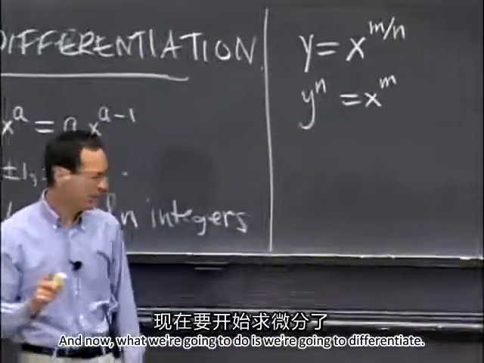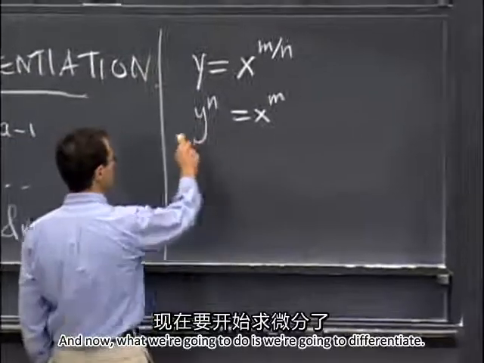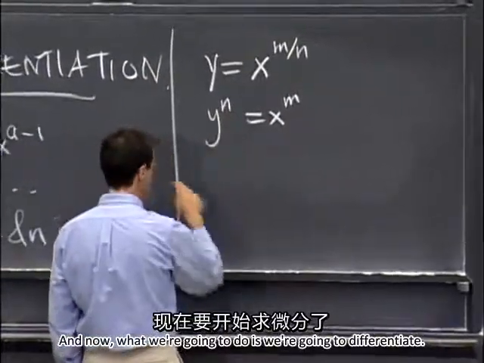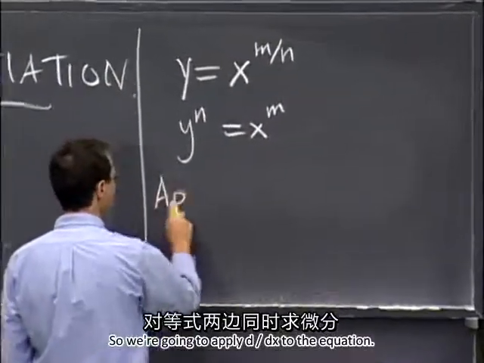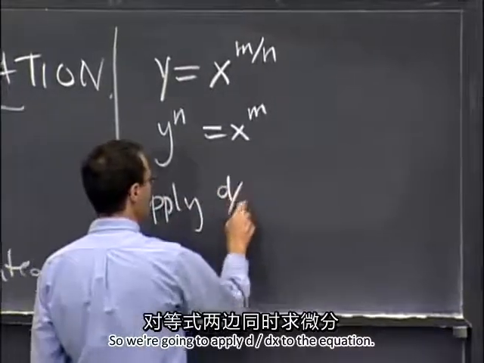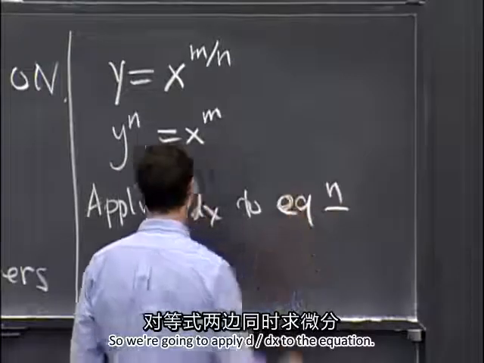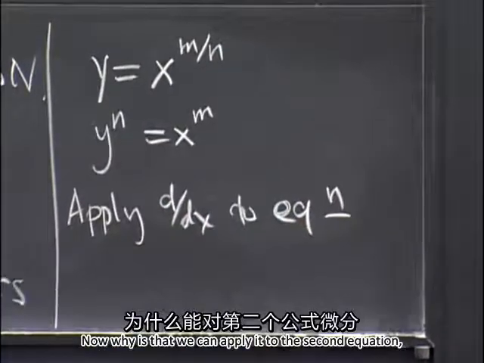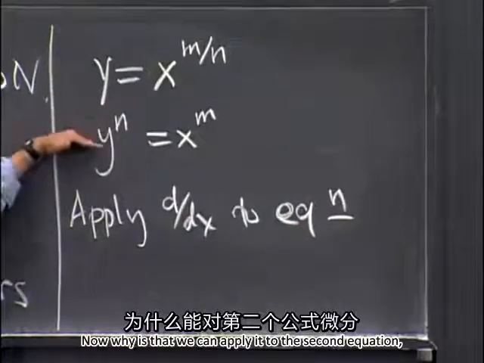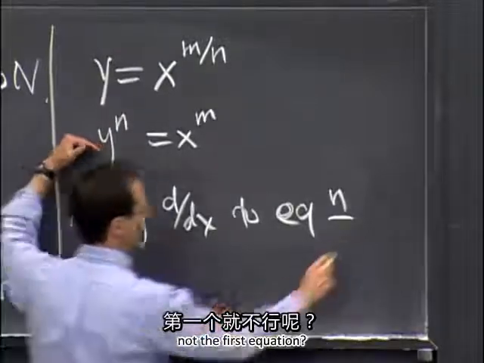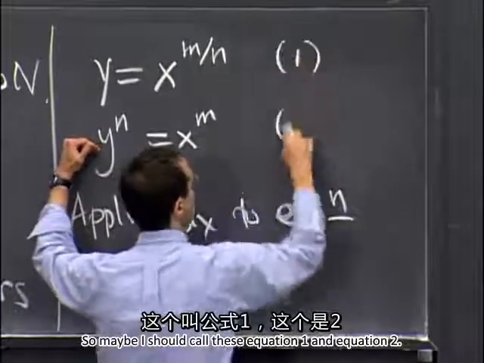And now what we're going to do is we're going to differentiate. So we're going to apply d by dx to the equation. Now, why is it that we can apply it to the second equation, not the first equation? So maybe I should call these equation 1 and equation 2.